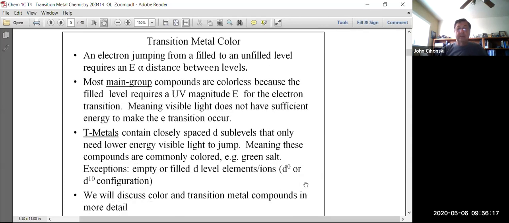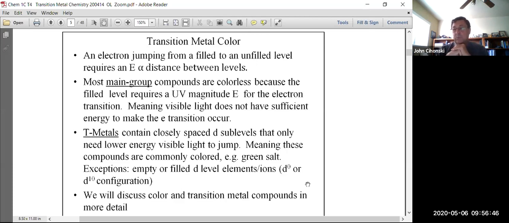Now let's talk about transition metal complex color, or metal color in general. If we look at transition metals that we've dealt with, go back to your green salt, that was a really nice compound that you made, kind of an emerald green, and I can't think of anything in the main group, the sodium chloride type compounds, that was highly colored.